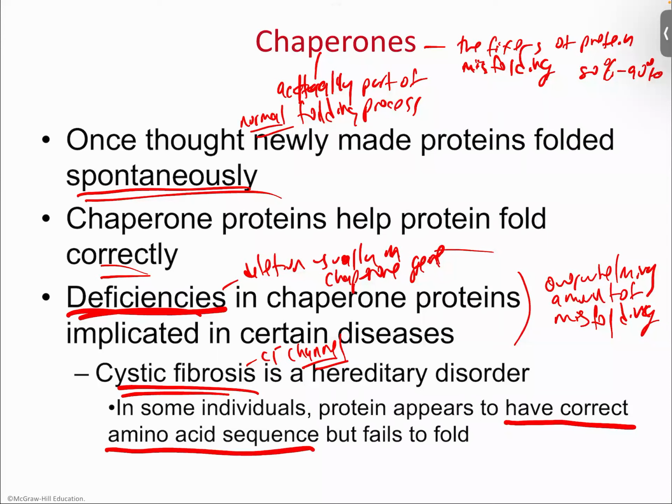What does that mean? That means there is no mutation in the CF gene. The CF gene is normal. So then why are we having chloride channel problems, right? If it's so normal, then why is it not working?